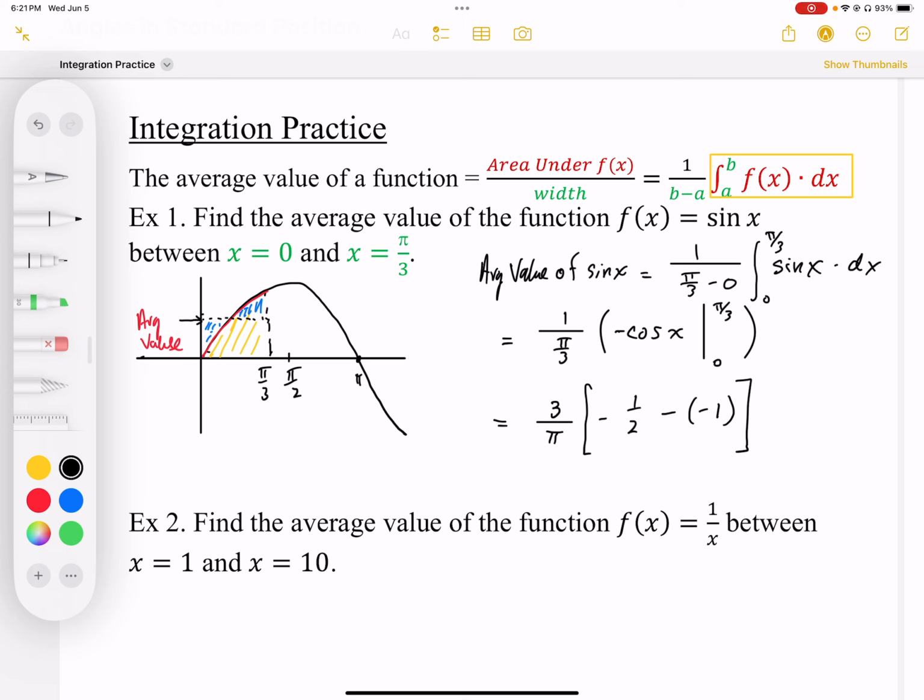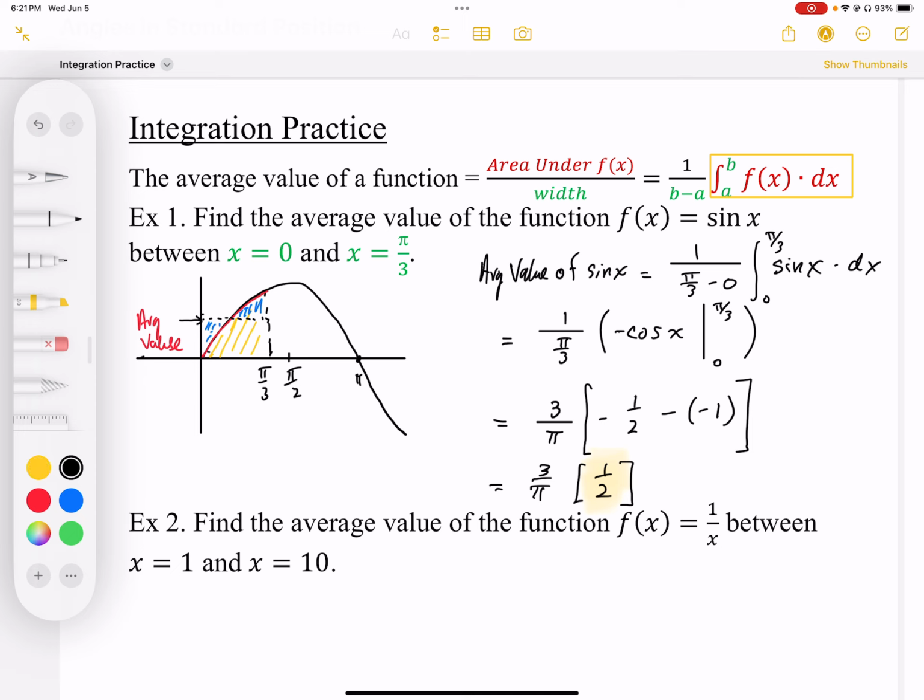So then the area part of this works out to be negative 1/2 plus 1, which is positive 1/2. That's the area. That's that yellow area that I found. I'm just going to color code that. This represents that yellow area that we found.